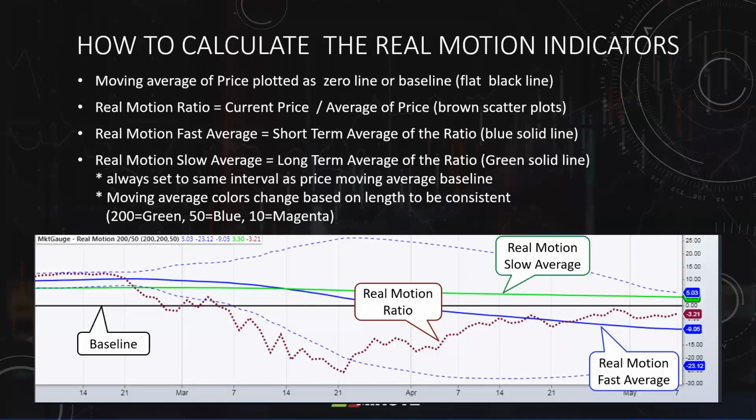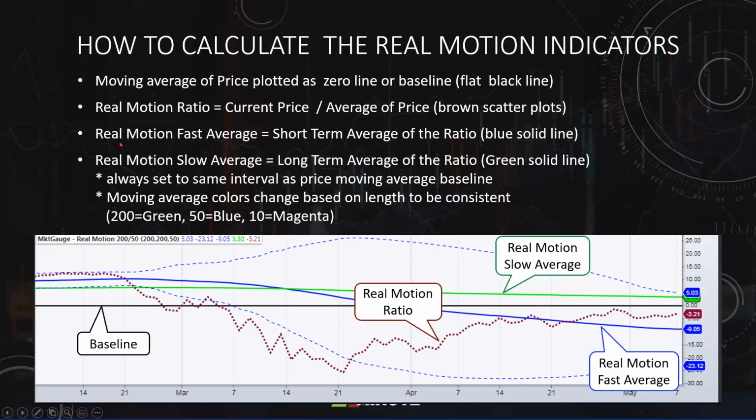Now, the real motion ratio is the current price divided by the average of price. That's the scatter plot, the actual real motion calculated every time period. In this case, it's on a daily chart, and the real motion, those brownish or reddish dots, is that actual ratio.